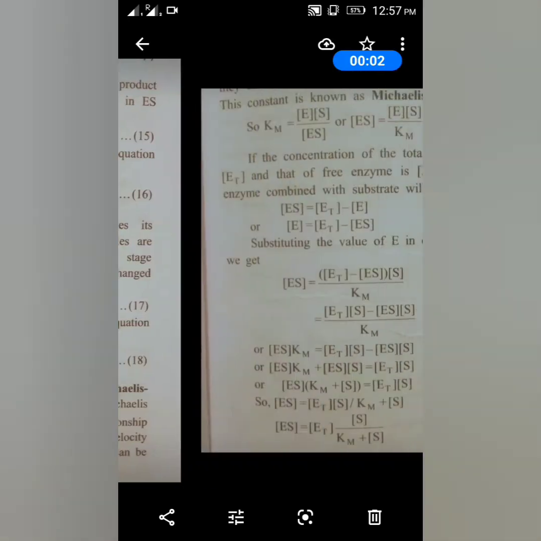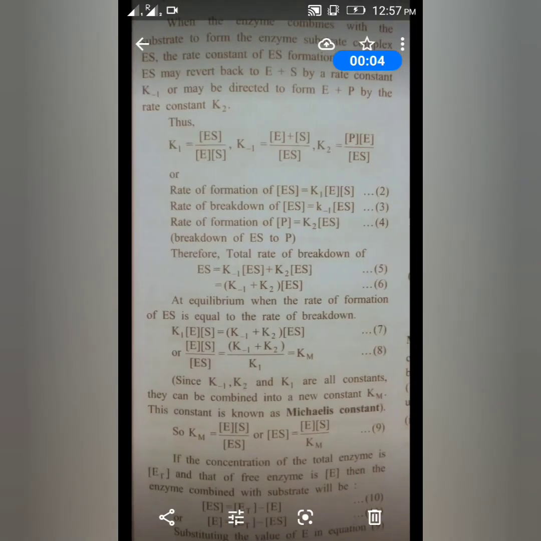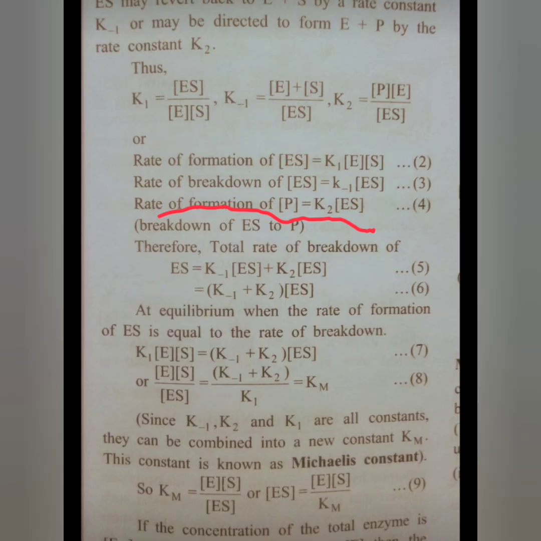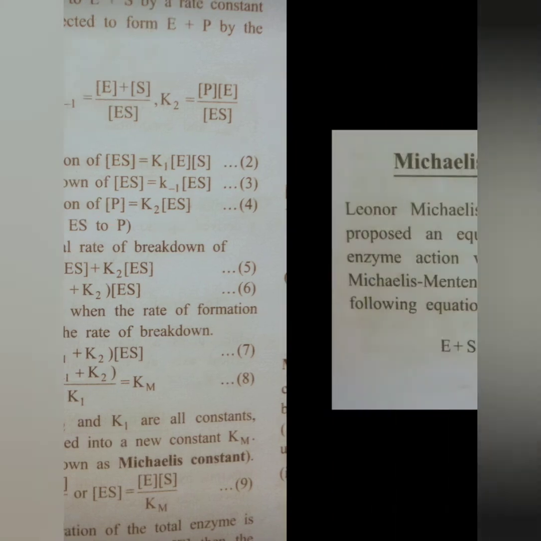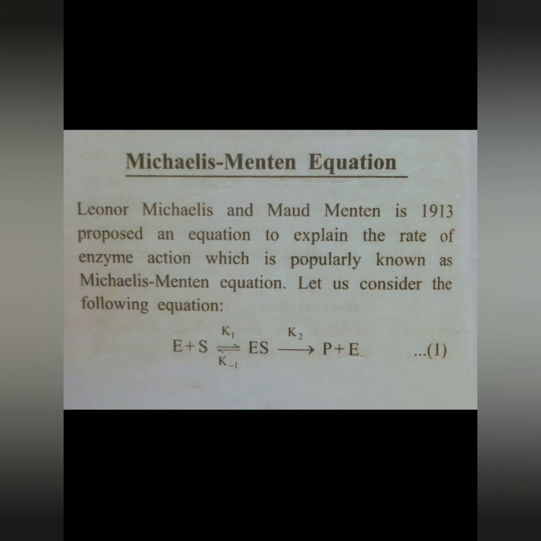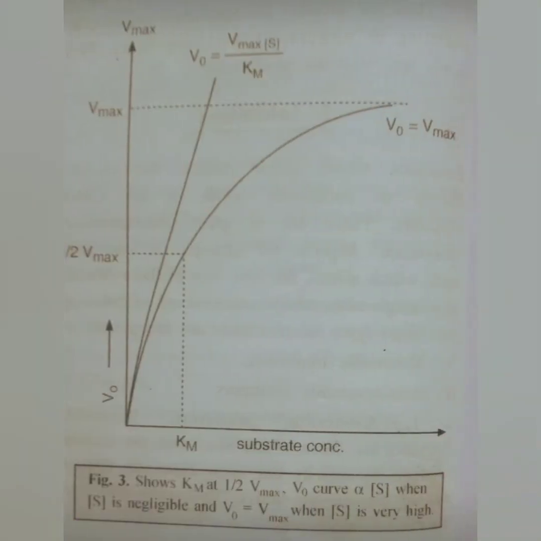So now girls, let us again take a look at equation 4. Here, the rate of formation of product is K2 into ES. But if you remember, I had given you in the graph that at first, this rate of reaction is given by V0.